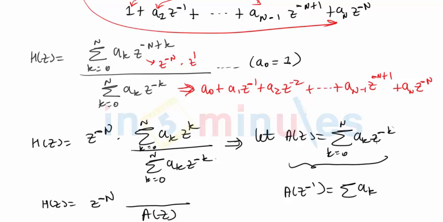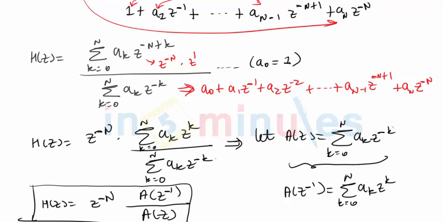I'll have to replace z with z inverse, and z inverse raised to minus 1 will make it z. So the denominator is a of z and the numerator will be a of z inverse. So it's the same polynomial, just that numerator will be in the form of z inverse, the denominator is written in the form of a of z. So that's my h of z finally.